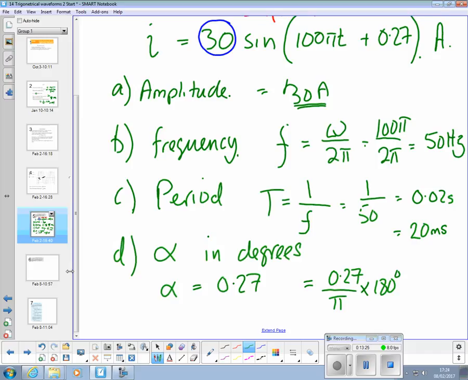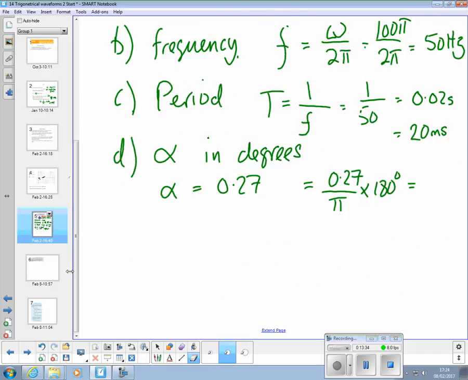Either will work. What's the answer? 0.4 degrees. Okay.